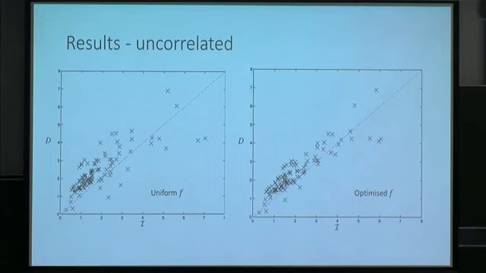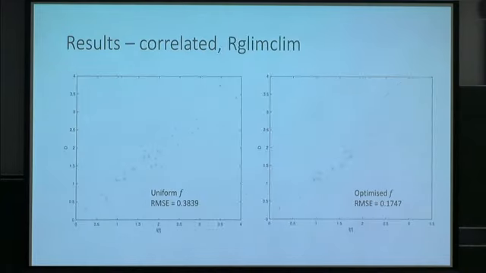What we've done after is look at some other rainfall data that we found online. There's an rglimclim package, which by doing a different rainfall simulation simulates rain that's correlated at the two spots.